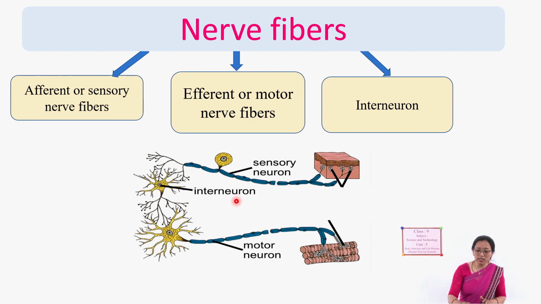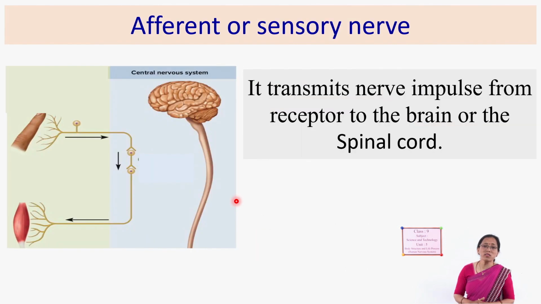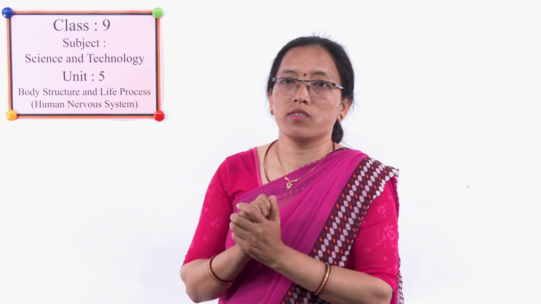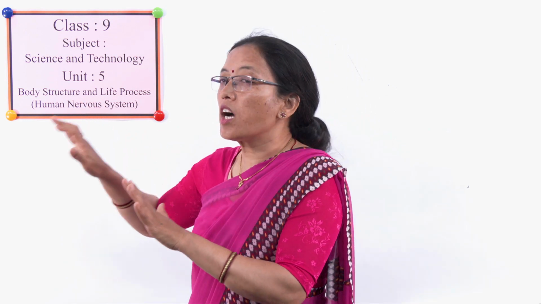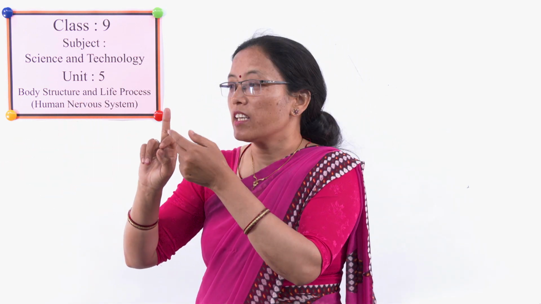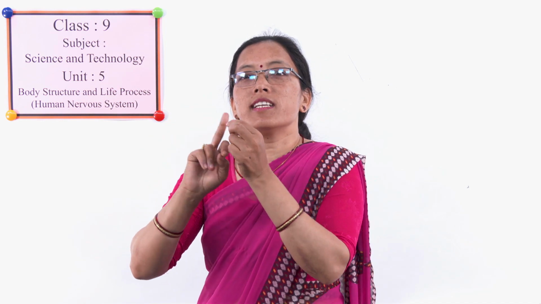Okay, in detail we discuss what is the afferent neuron or sensory neuron. For example, if I touch a very hot object like this, my finger, in the tip of my finger, there is skin.